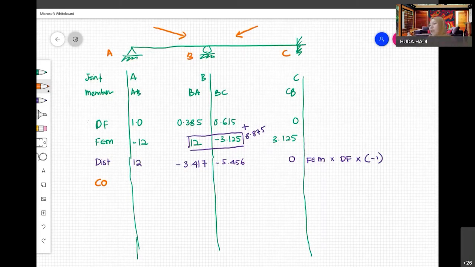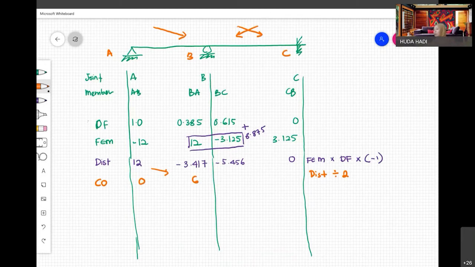The one yang boleh just fix support saja, so that's why you boleh carry B to C. Formula is distribution divide by 2. Since this one boleh carry over, you just have to divide with 2. So it is 6. Okay, and this one you cannot carry over, jadi kosong lah.